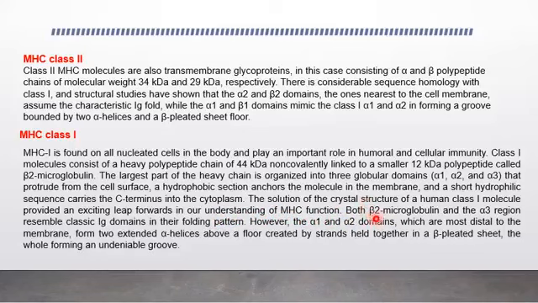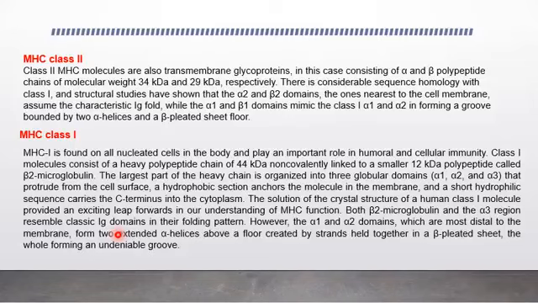Both the beta 2 microglobulin and the alpha 3 regions resemble classical Ig domains. Ig means immunoglobulin, so it looks like the Ig folding, like a receptor expressed on the cell surface, such as the T cell receptor.